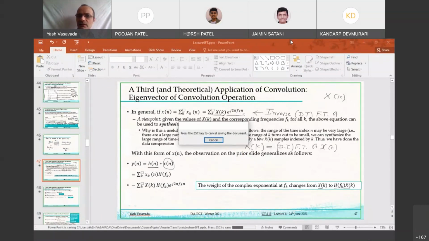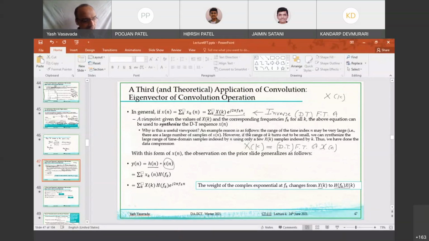The main thing that we will do is wrap up this topic of convolution and Fourier transformation in a short time. So we'll meet on Tuesday at noon and wrap up the semester, wrap up this topic, and wrap up CT111.